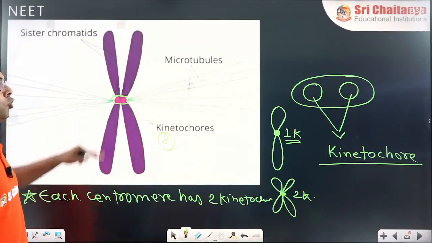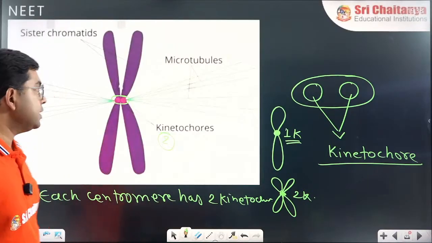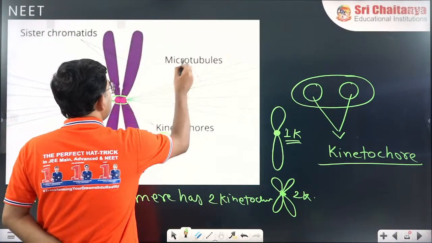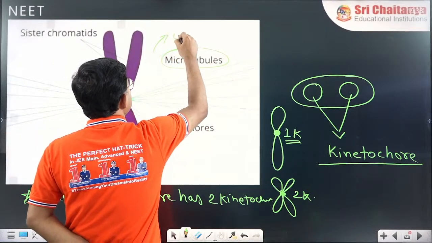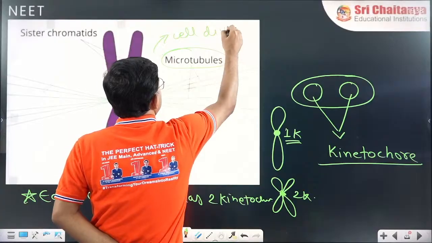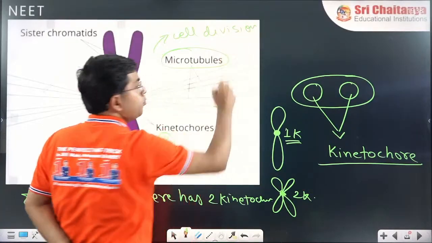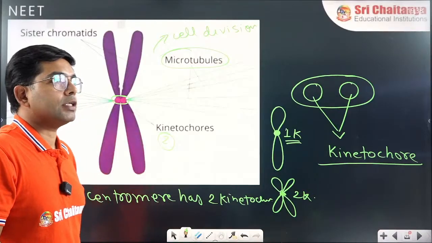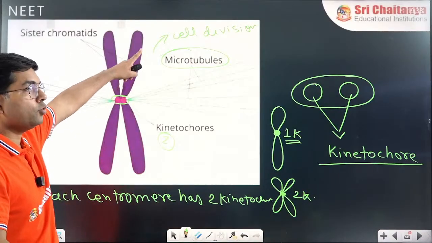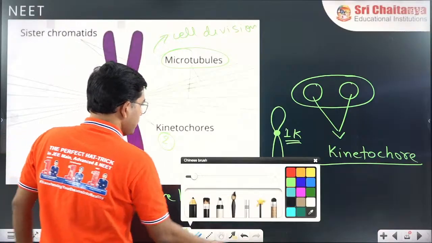Now, what is the role of this kinetochore? This kinetochore will bind to the microtubule during cell division.